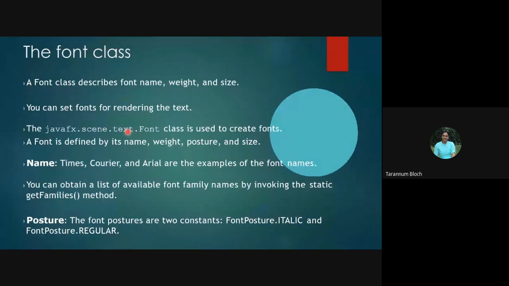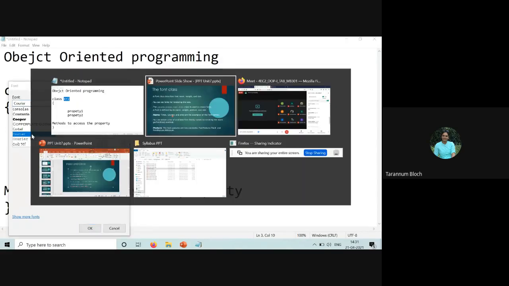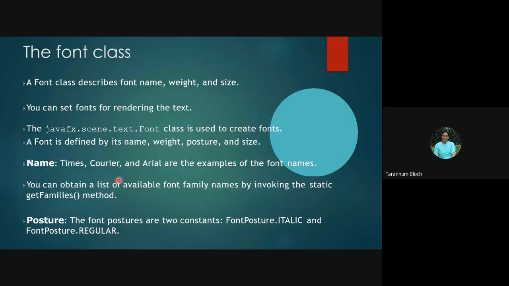As well, you can set the fonts by rendering them on the text. The fonts are available in javafx.scene.text.Font, and we can obtain a list of any available font family. You can see we have font families such as Cooper, Constantia, Corbel, Courier, Courier New. So all those properties we can acquire. Fine. So that's the font name.